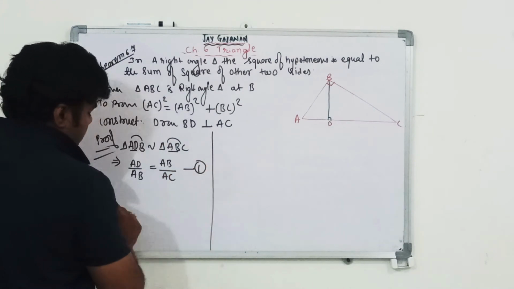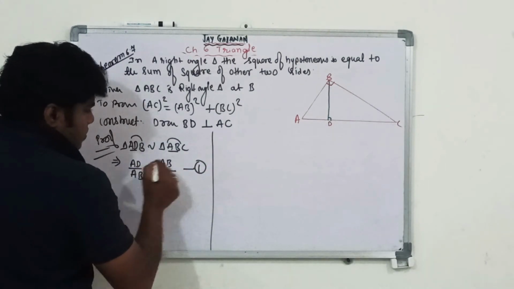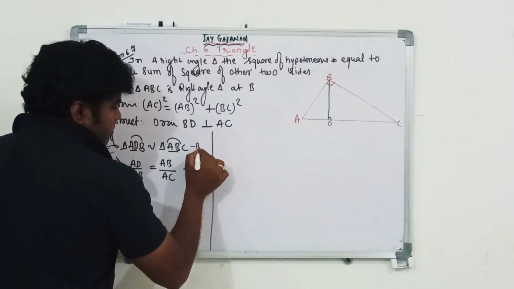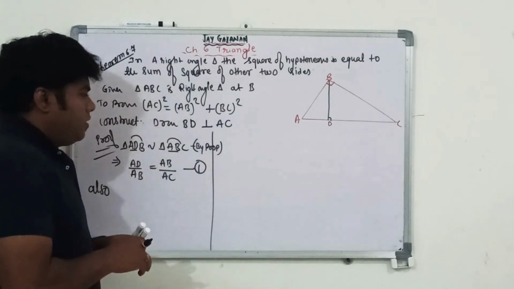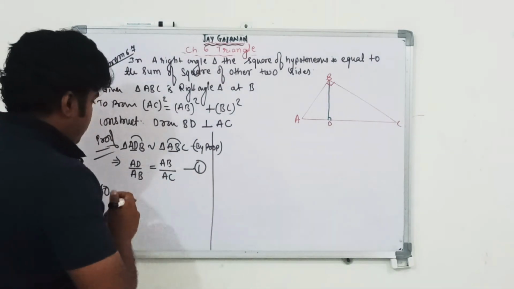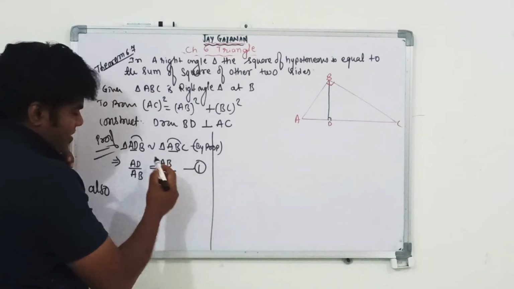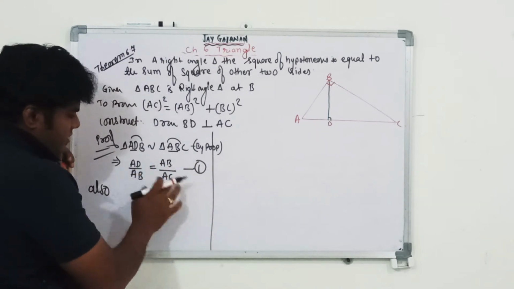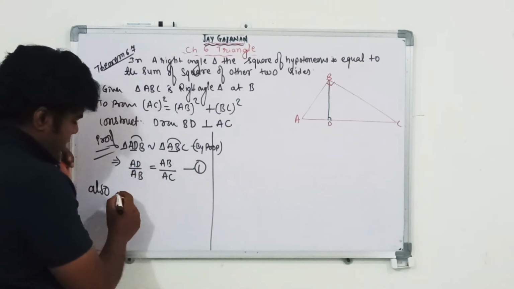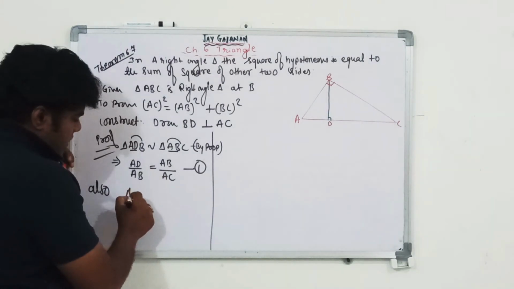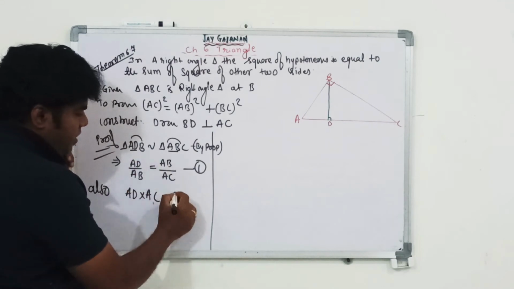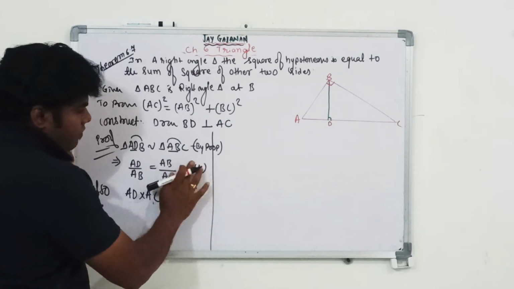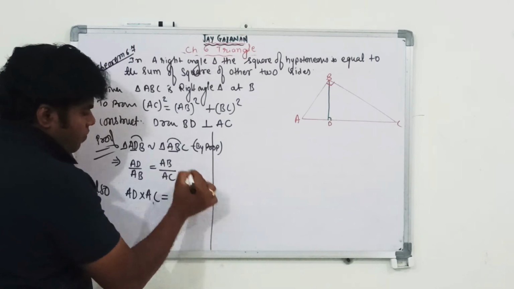We can write this by property. So ADB is similar to ABC. This equals this, which can be written as AD into AC, by cross multiplication, is equal to AB into AB, AB square. We can call this equation number 1.